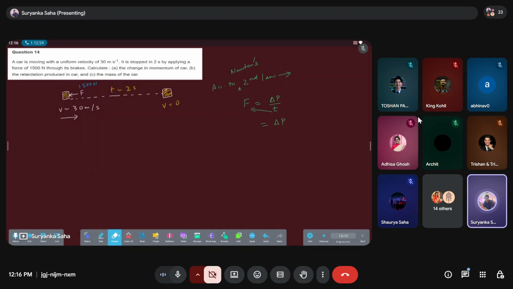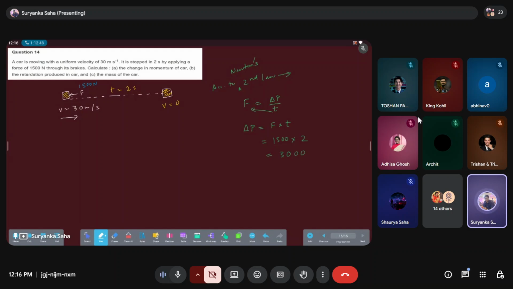So let me write it in the reverse direction. Delta P equal to F into T. What is F? F is 1500, the brake force given in the question. T is 2 seconds. So it is 3000.